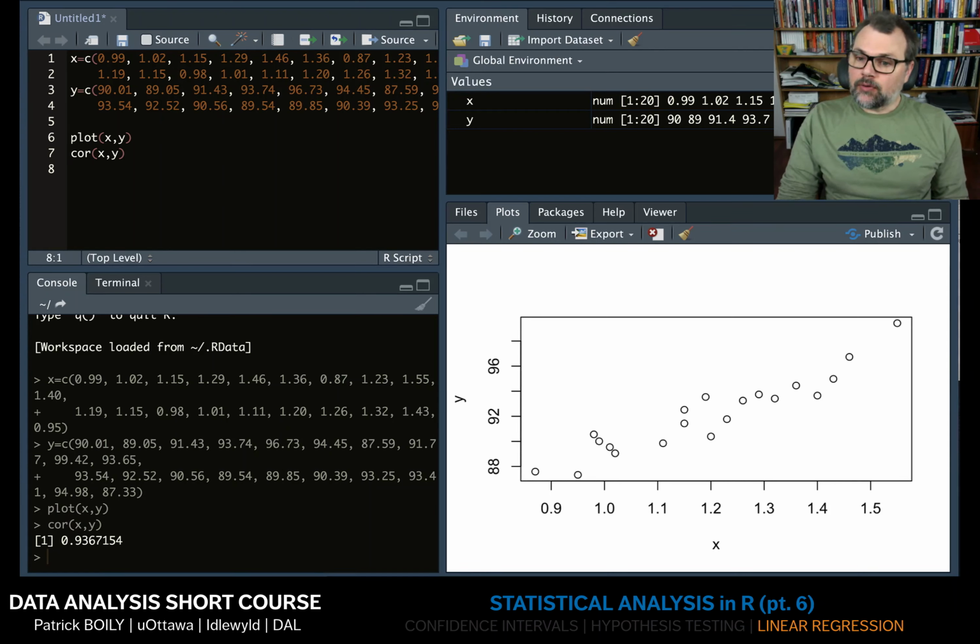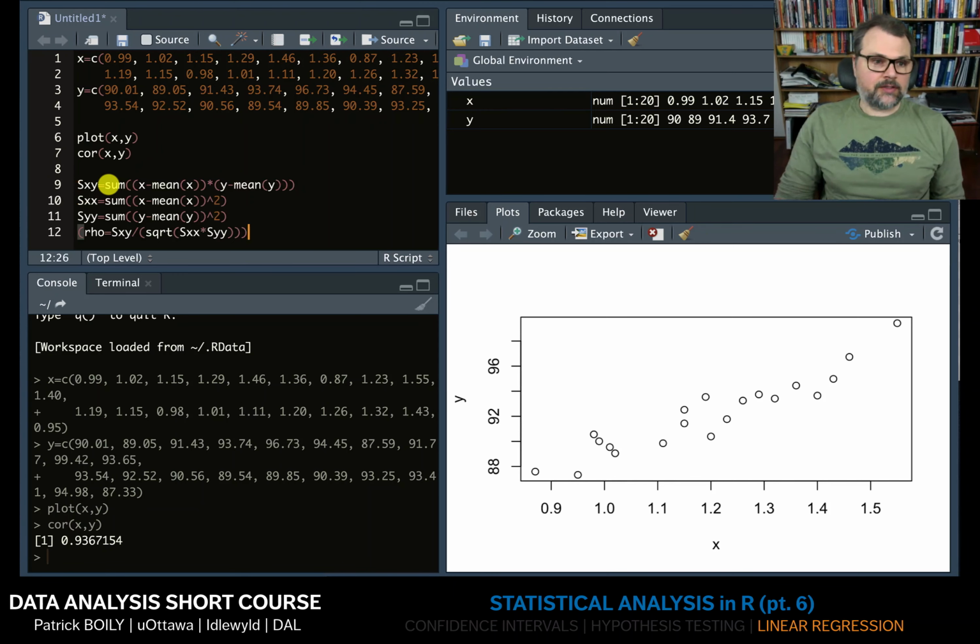Now you can compute the coefficient of correlation directly by computing the following quantities. We have SXY, which is the sum of all the products, values of x minus their mean, values of y minus their mean. We have SXX, which would be the sum of the square of the differences between the values of x and the mean of x.